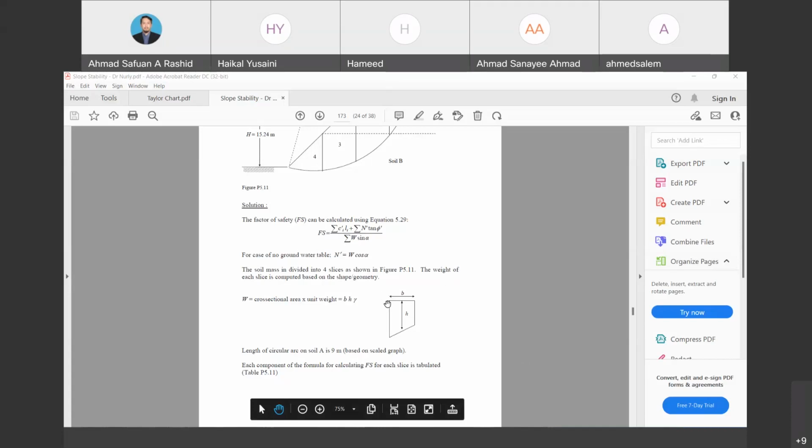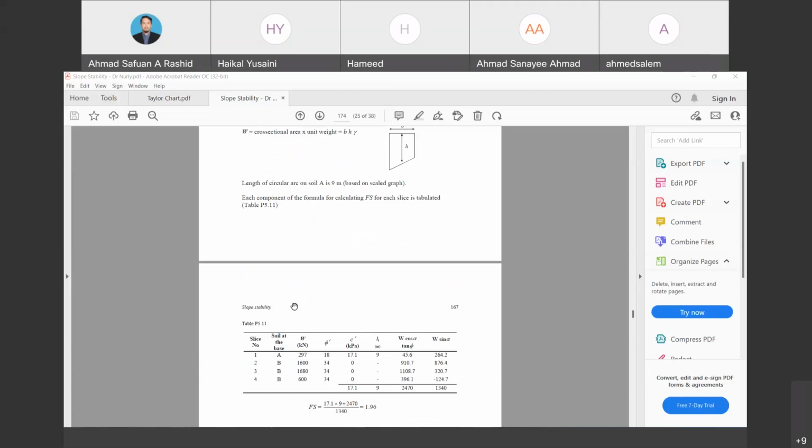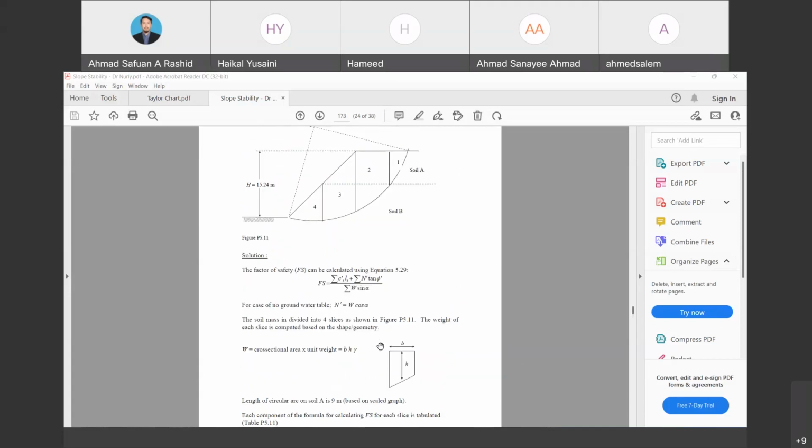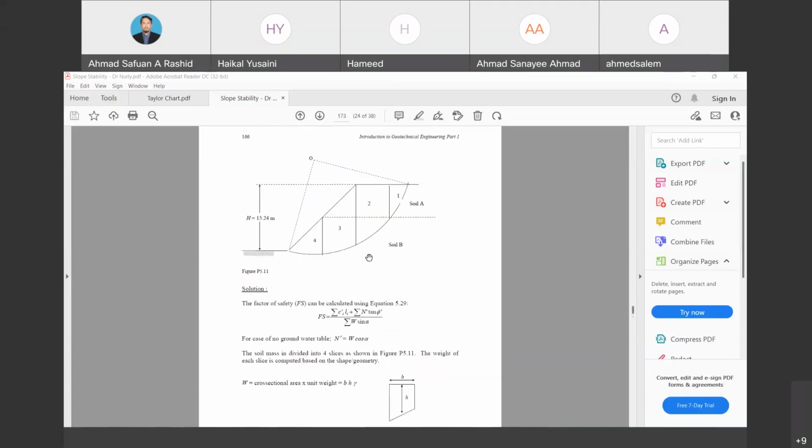Sorry. For C, it is 17.1. Actually, to obtain L, we may use an equation where we need to determine alpha, but this has not been discussed in this case.